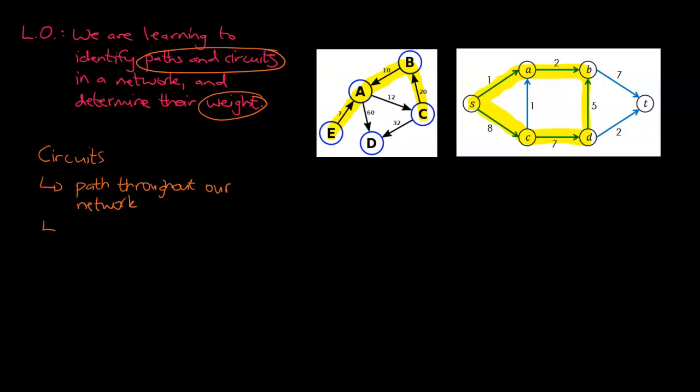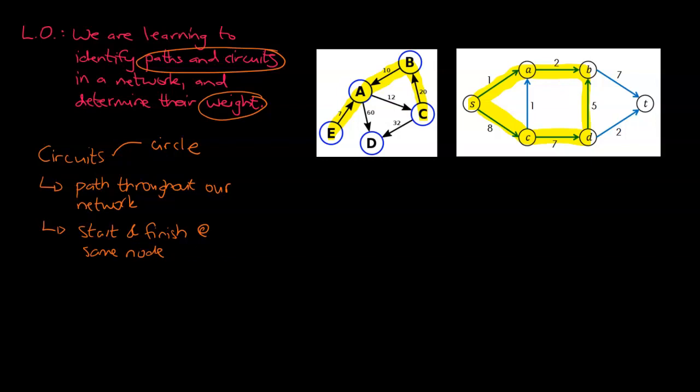And what makes a circuit unique is you start and finish at the same node. And if you ever get confused about which one's which, circuits sounds a little bit like a circular circle. So the circular nature of a circuit tells you about that.